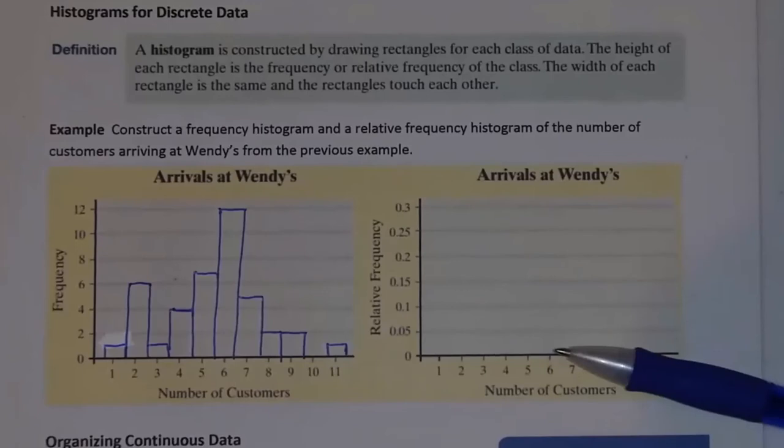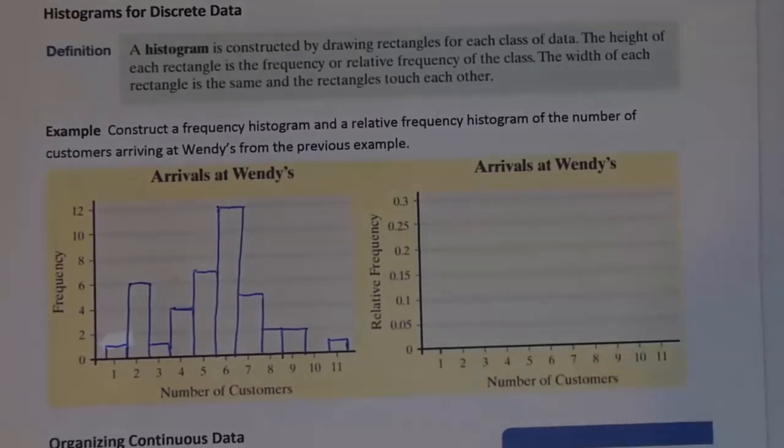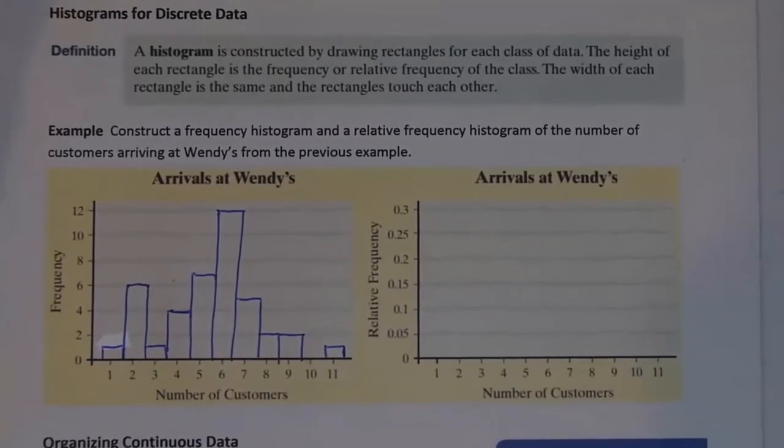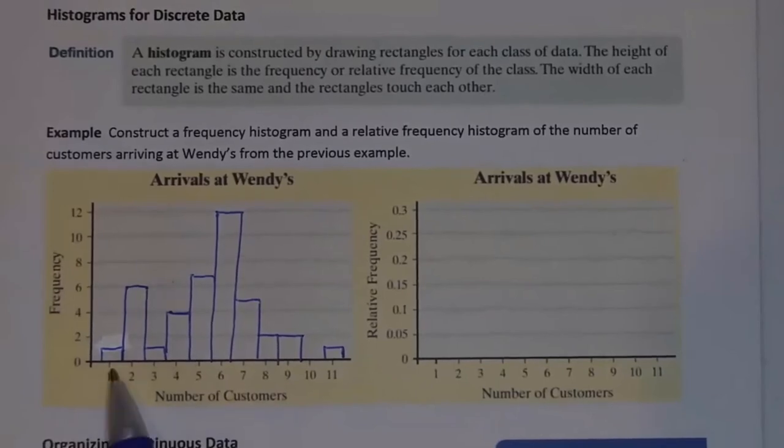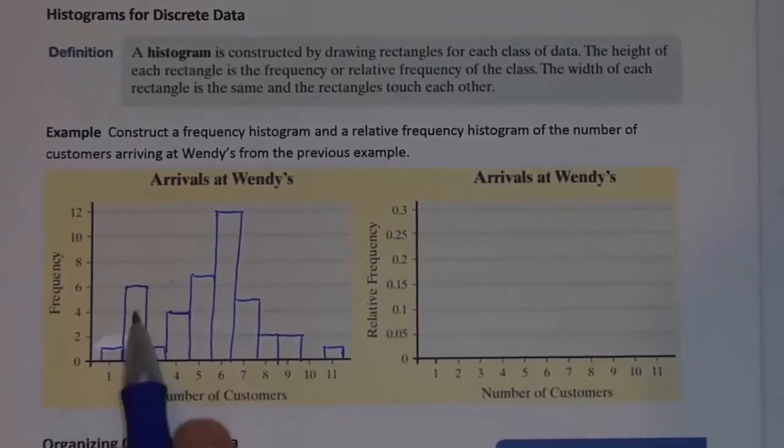I wouldn't technically call it a histogram, but because this is discrete data, what is becoming a more common practice is instead of using rectangles, we just use vertical lines. So here's what I mean by that.